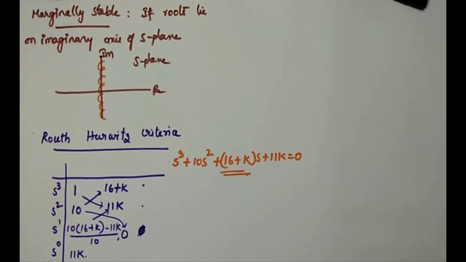Now for marginal stability. The question is the value of K for which the system is marginally stable.